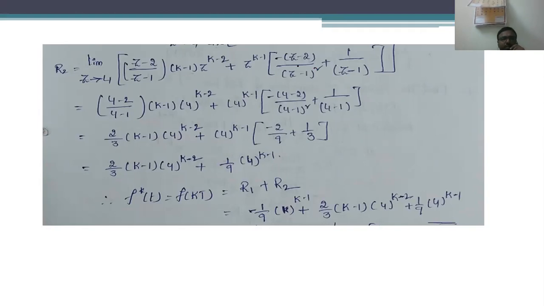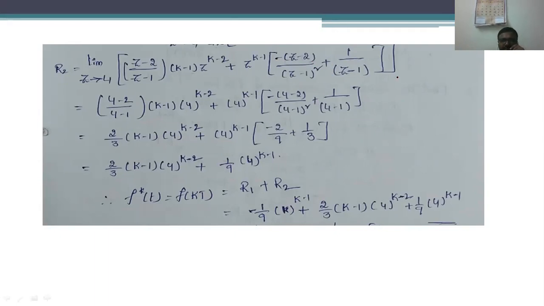Here, we find the differentiation of z minus 2 divided by z minus 1, which is minus 1 into z power minus 2 plus 1 divided by z minus 1, that is the differentiation for this particular function.